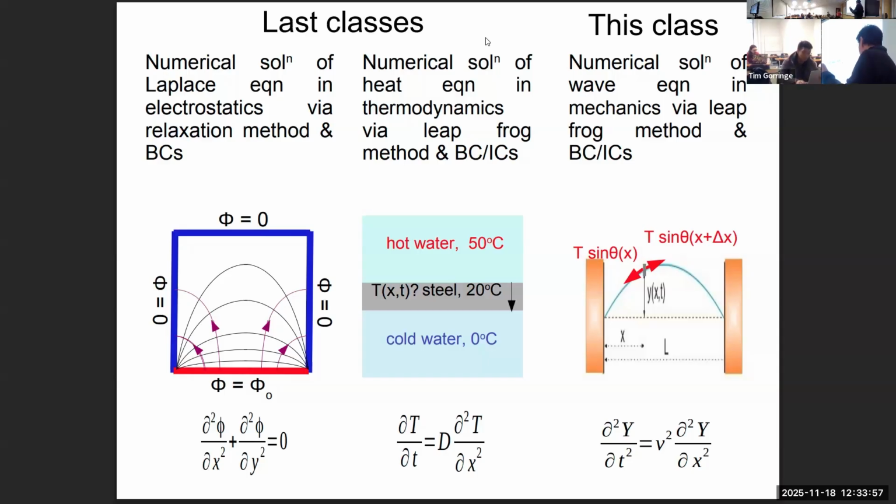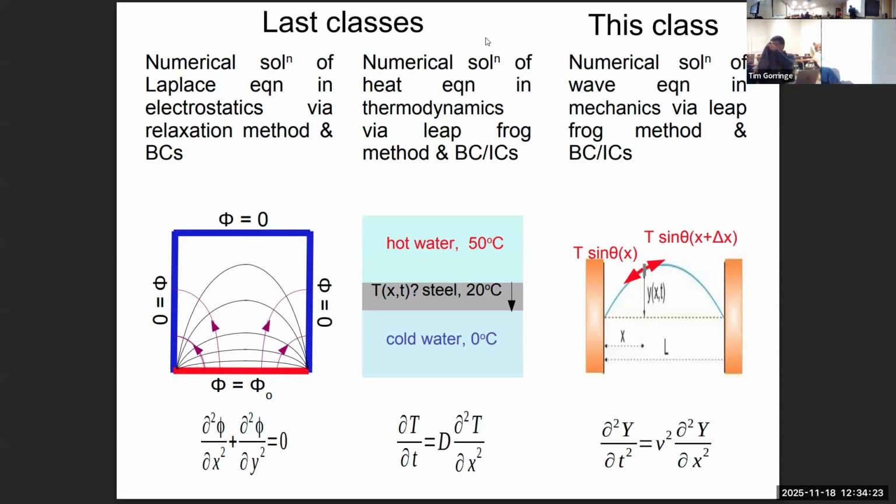the space variable. And then what we're going to do today is a third partial differential equation, the wave equation. It's also a differential equation in space and time. We're going to solve it again with 2 independent variables, the time variable and 1 space variable.